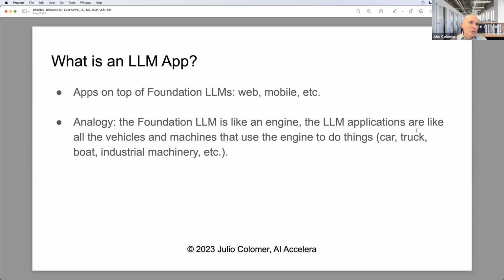So you use a combustion engine to build a car or a truck or a boat or industrial machinery or whatever, right? But if you are a car builder, you don't need to understand how to build a combustion engine. You just buy the combustion engine from another factory, and then you build your car on top of it.